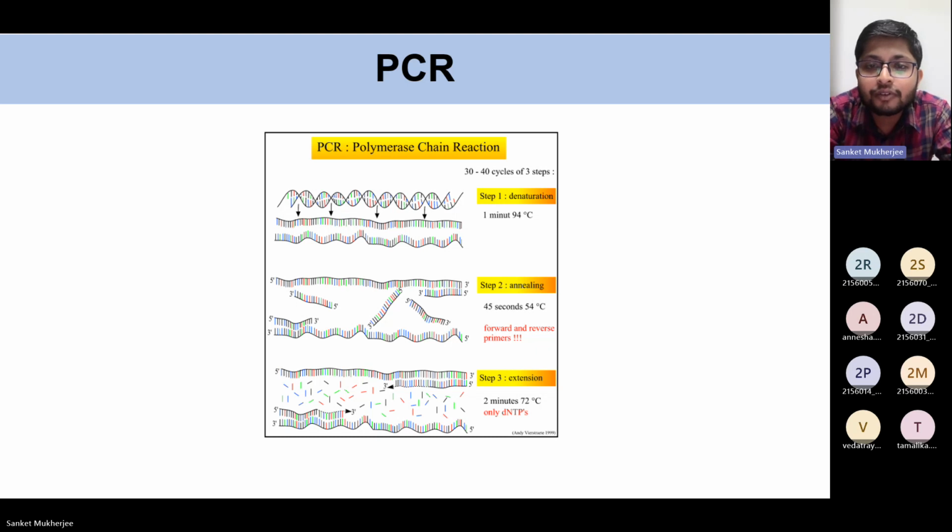Then what do we have? Really sorry for this bad drawing. Anyway, then we will have the denaturation phase. Then what next? The constant temperature annealing phase.